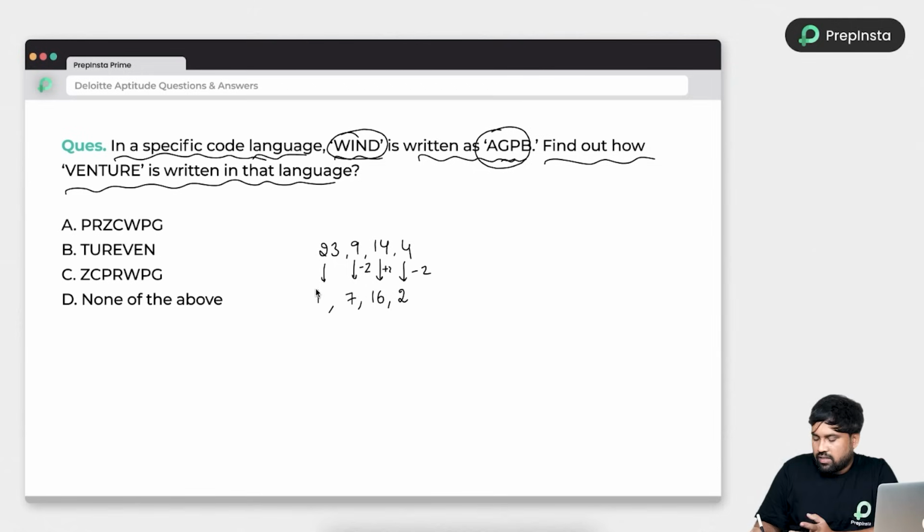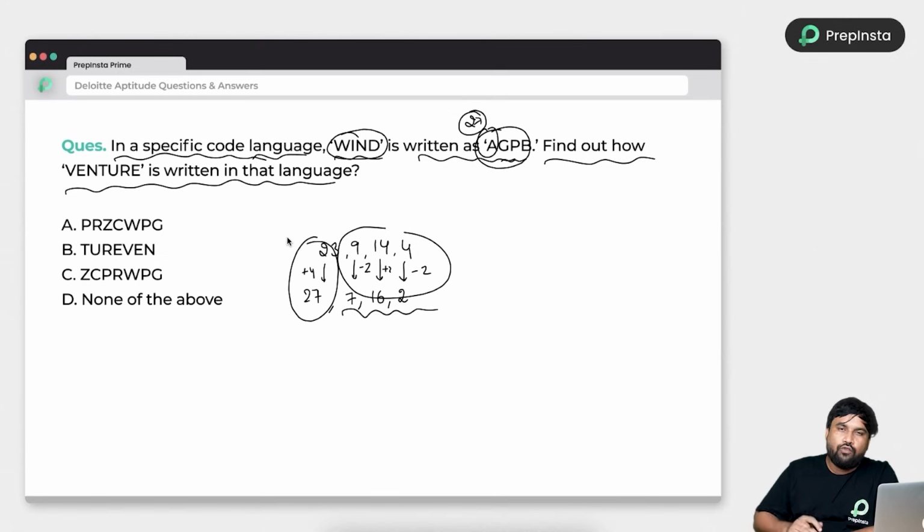Next, here it is C. 23 becomes 1, which is a bit tough. So in circular counting, A will again become 27. After Z, A will come again, right? So 27 or 1, anything is the same. So it becomes plus 4. So the first element becomes plus 4 and the remaining elements are plus and minus 2, that is, 2 increasing, 2 decreasing.